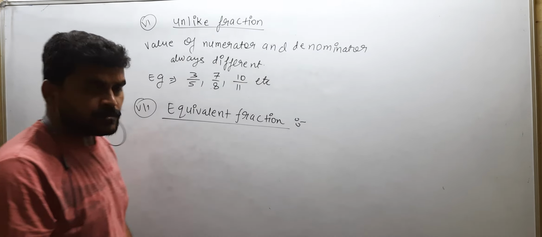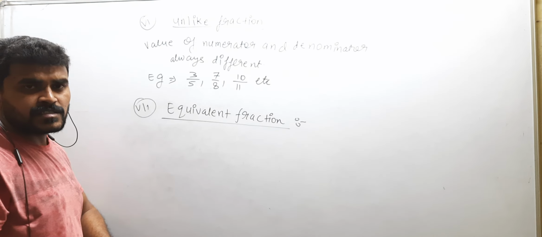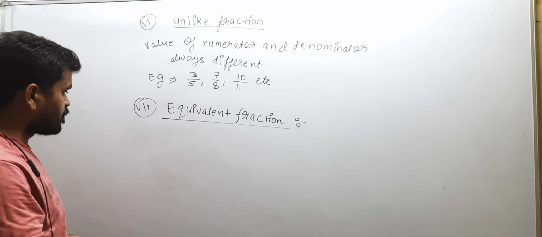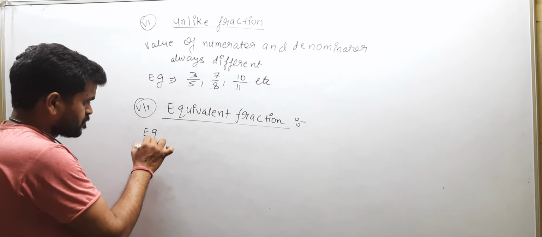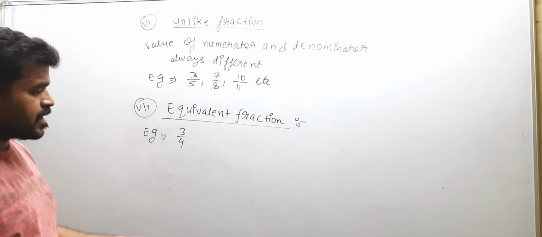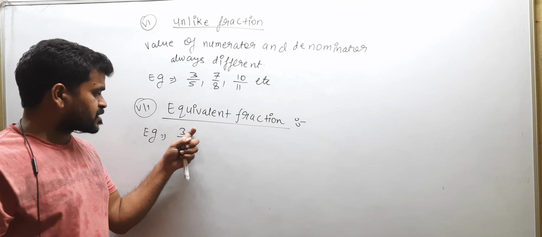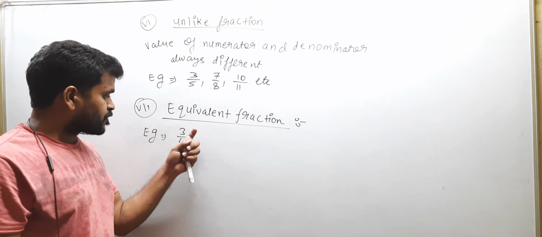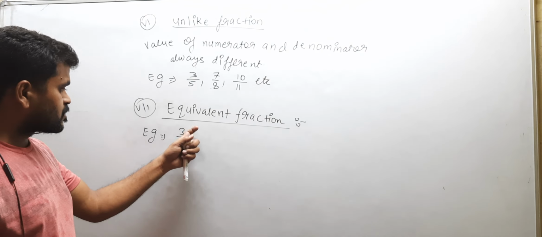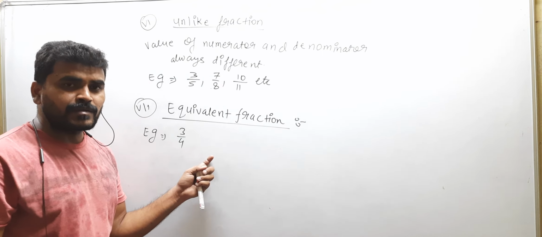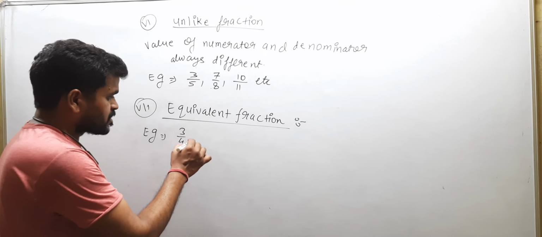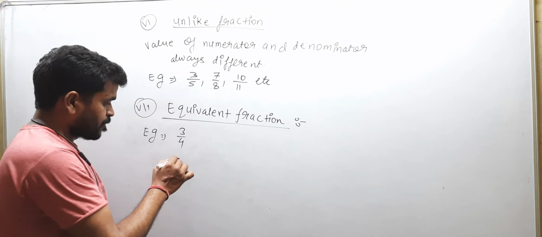In an equivalent fraction, you have to multiply the numerator and denominator of a given fraction by the same number. For example, someone asks you to find the equivalent fraction of 3 upon 4. So how can you find it? You can find the equivalent of 3 upon 4 by multiplying the numerator and denominator by the same number. So let's see how you can find the equivalent fraction of 3 upon 4.